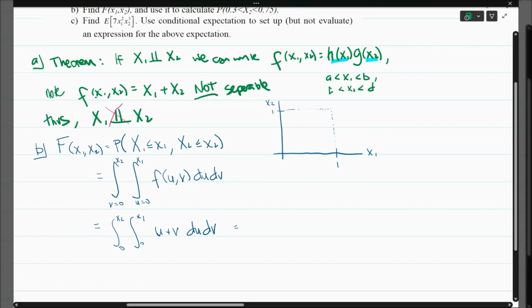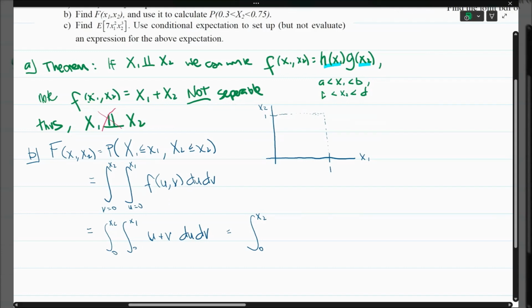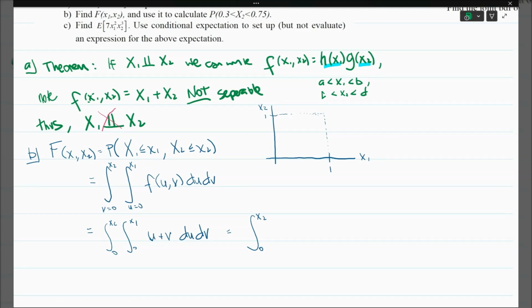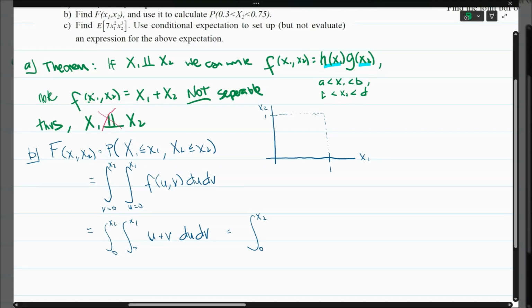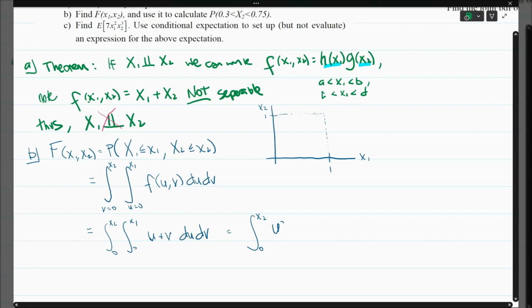So this will be the integral 0 to x2 of u squared over 2 plus uv, from 0 to x1, dv.